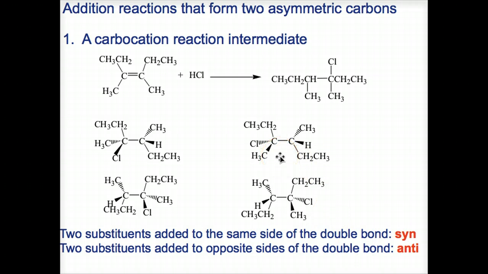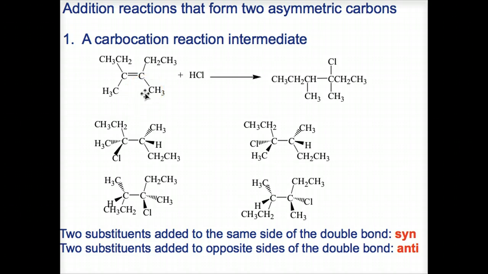Here's the first type of reaction. It involves a carbocation intermediate. This is like alkene reaction number 1. This is the case when a reactant that does not have an asymmetric carbon undergoes a reaction that forms a product with 2 asymmetric carbons. Notice here, this compound is cis-3,4-dimethyl-3-hexene.